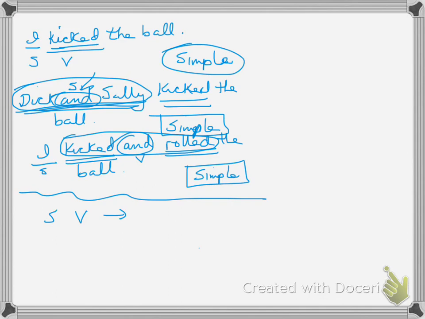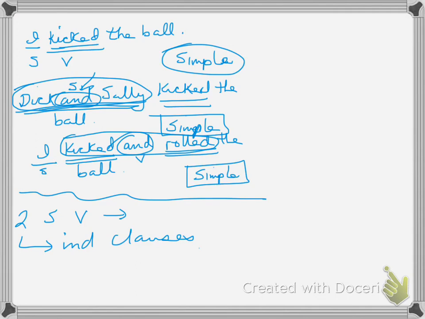So a compound sentence has two independent clauses. To repeat myself, these independent clauses can be joined by a coordinating conjunction, a comma and a coordinating conjunction, or by a semicolon.